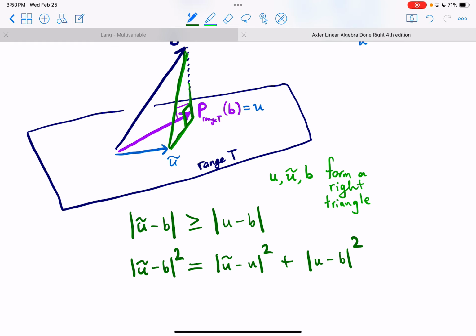And if you ignore a positive term, you've made that side smaller. And that is our theorem.